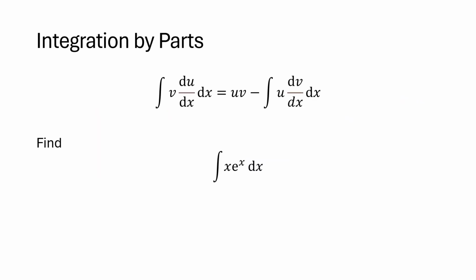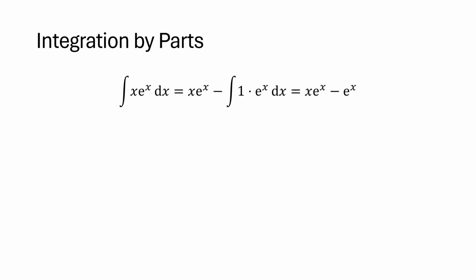Last but not least, let's go through integration by parts and do the following integral. So, whenever we are dealing with integration by parts, we must specify what v and du over dx is. In this example, we are taking v to be x and du over dx as e to the x.